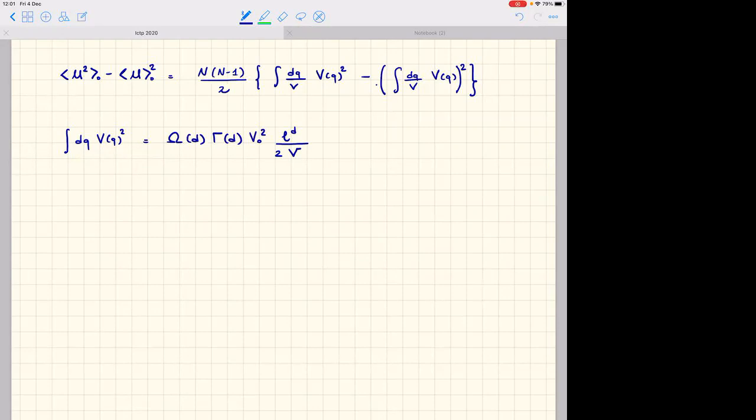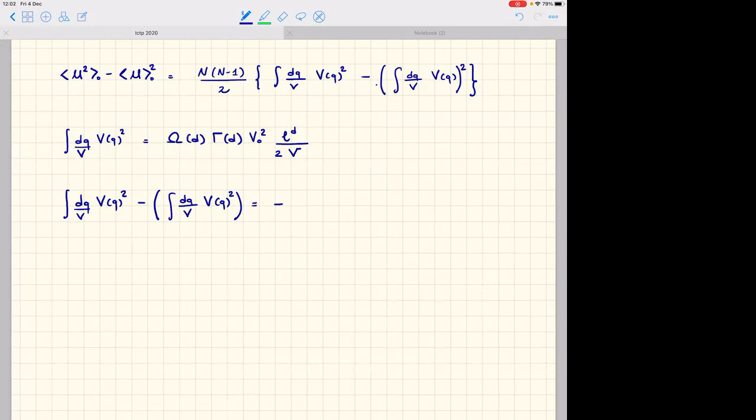Therefore, you see something interesting. When I take the integral dq of q squared divided by V, I have to divide by the volume, of course, minus the integral dq over V of q, squared. What do I get?